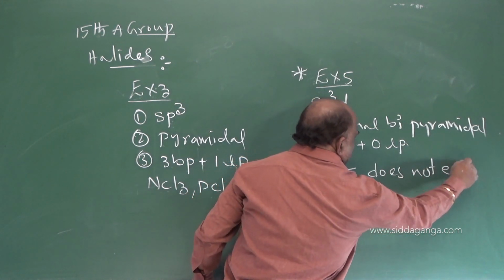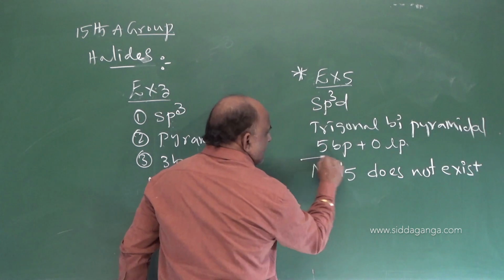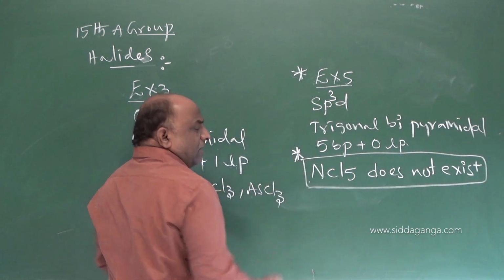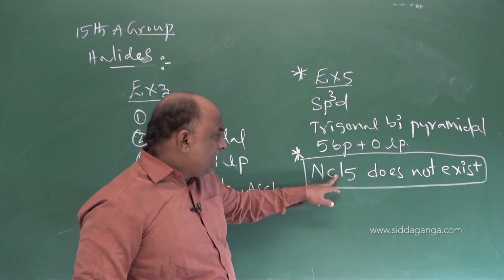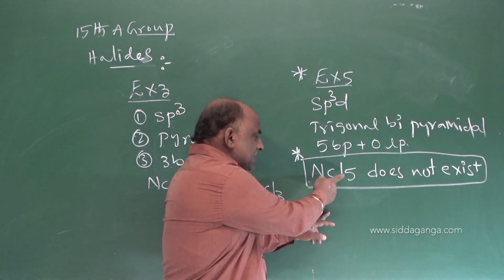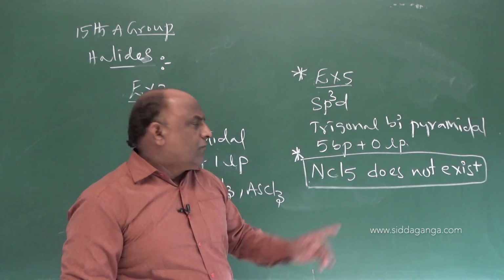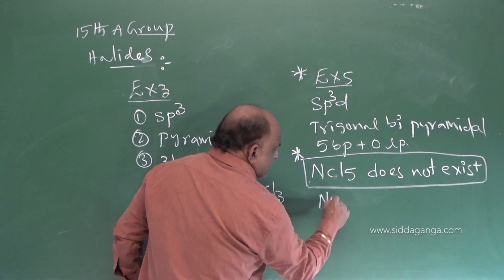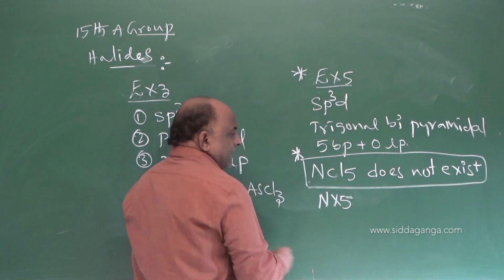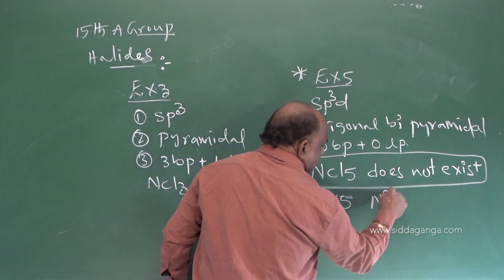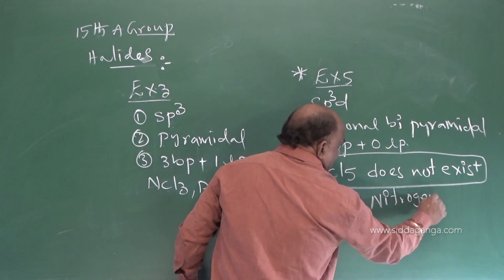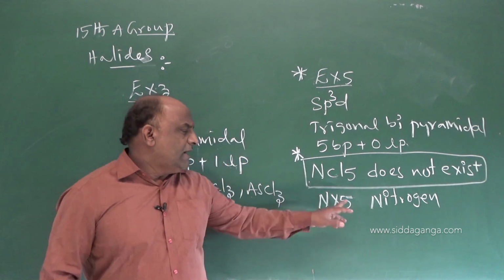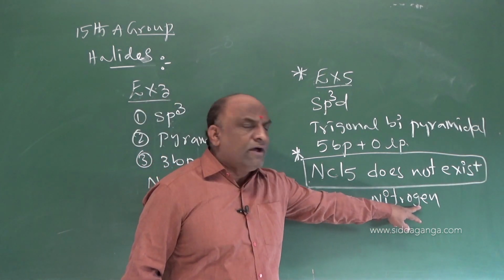Whatever halogen is present in place of chlorine, fluorine, bromine or iodine, NX5 does not exist. Make a note: nitrogen does not form pentahalides.